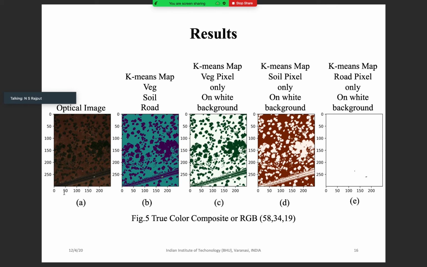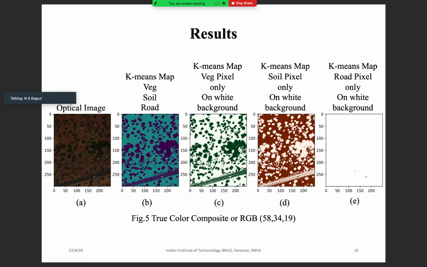So image A of figure 5 is showing the actual optical image. This has the vegetation, soil, as well as a road. But when we do a true color composite, RGB, and then classify using k-means clustering and replot the image, we find that the light green color is the soil, dark colored patches are vegetation, and alongside is a straight road, right?